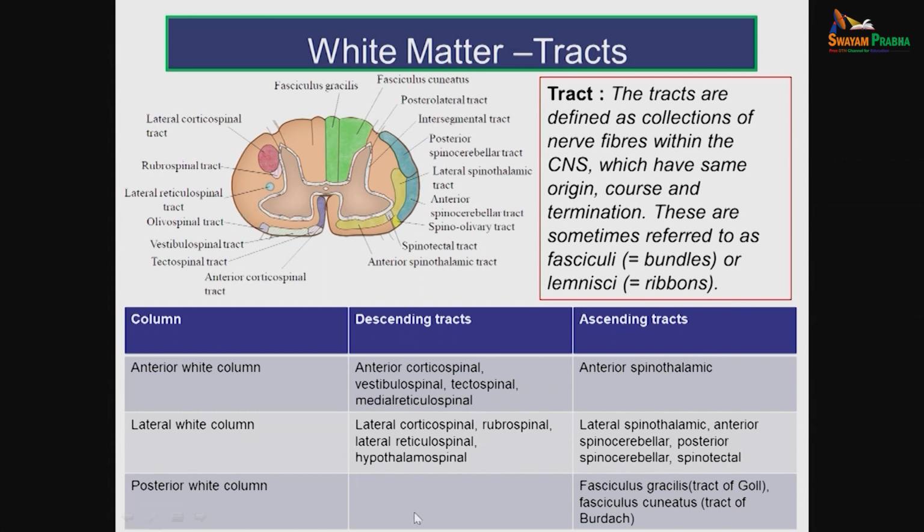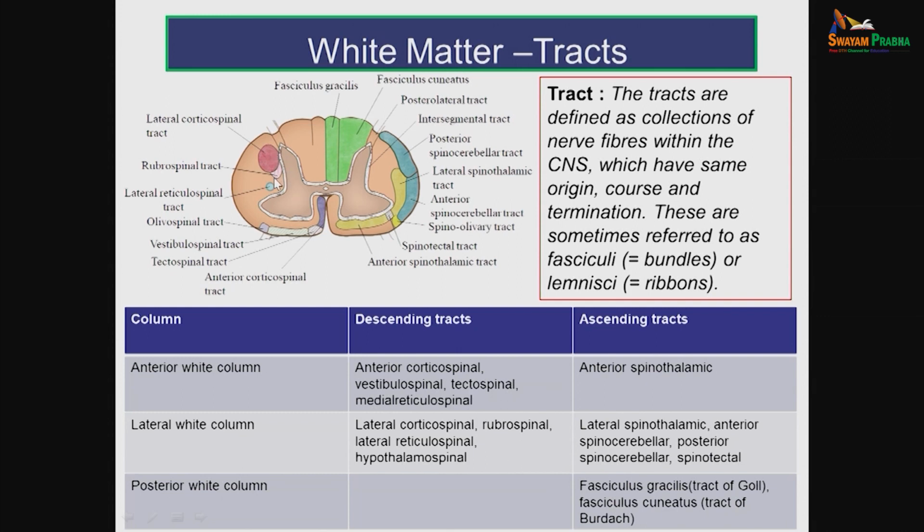This tabular column will summarize the various ascending and descending tracts which are present in the white matter. If you look at the descending tracts, in the posterior white column there is no descending tract. In the lateral white column, you have the lateral corticospinal tract, the important tract.